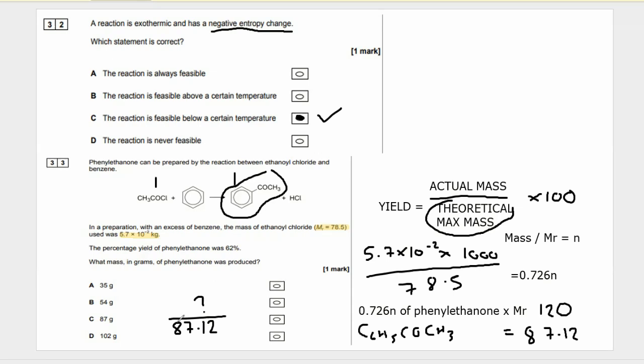So the yield is actually 0.62. And so I can just do 0.62 times 87.12, and that is going to give me the actual mass achieved. And if you do 0.62 times 87.12, you're going to find out that it's 54 grams. And that answer will be B.